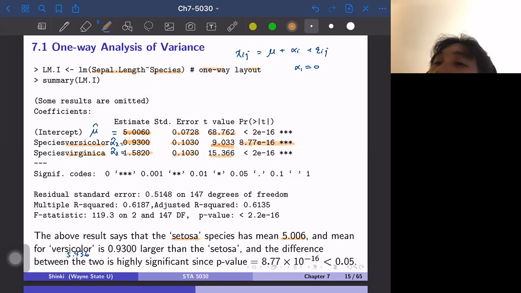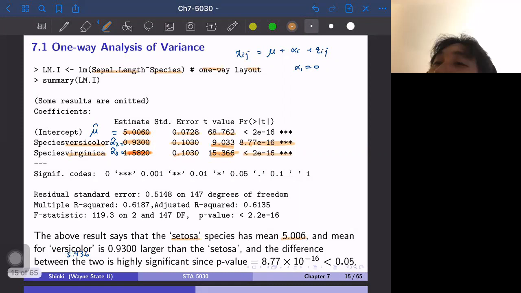And also you can see the Virginica. The mean sepal length of the Virginica is 1.58 plus 5.006, so that is 6.588. That is the mean sepal length for the Virginica species. And this is even more significant, because the Virginica is largest and the Setosa is smallest.